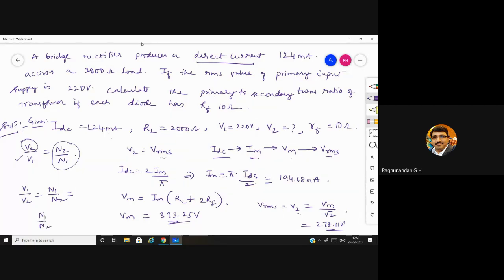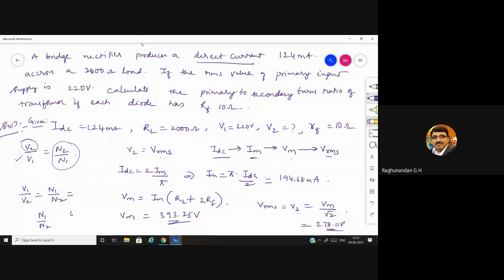You can take N1 by N2 or N2 by N1. Both are the same. 0.79.